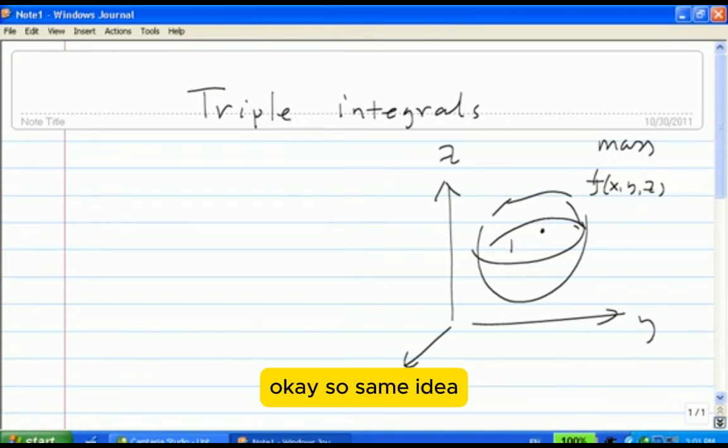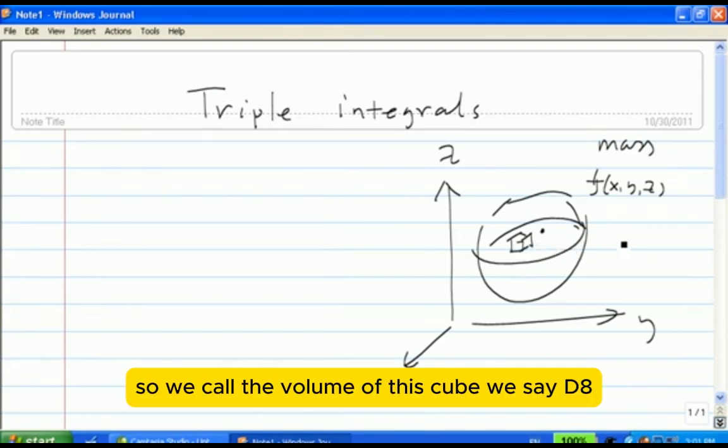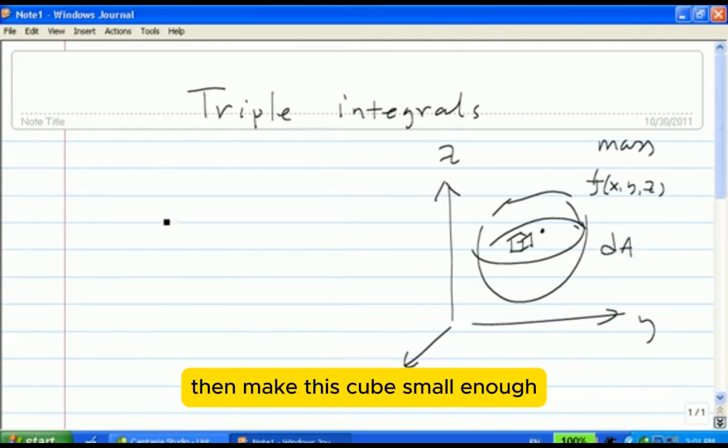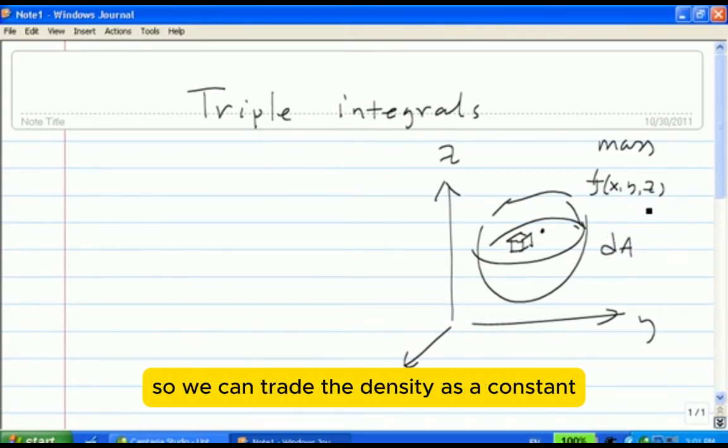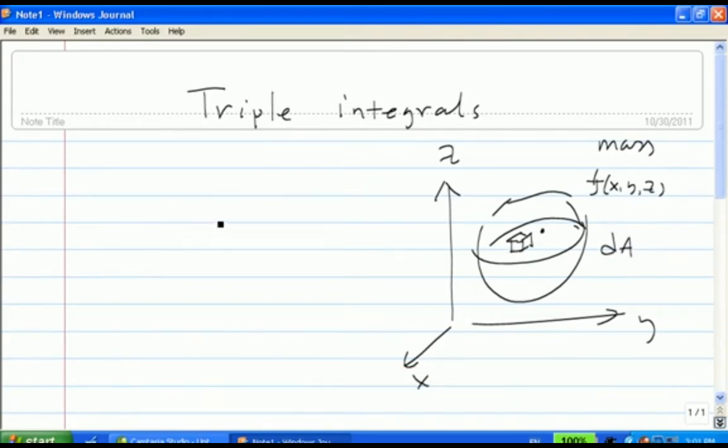So, same idea. We break this solid into many small cubes. We call the volume of this cube dV. Then make this cube small enough so we can treat the density as a constant.